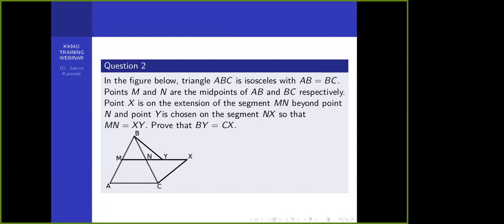Also, remember the diagrams are not drawn to scale, so do not trust the diagram, just trust the properties of the geometric objects.